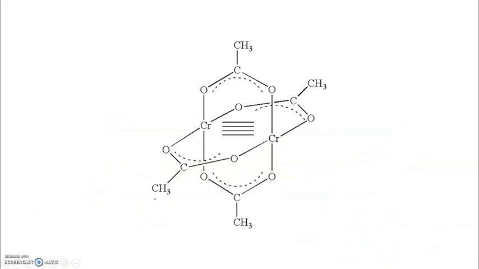Now, there is an exception to this, and that's the case of a chromium ethanoate complex, which actually usually forms within solution with some water aqua ligands on either side as well, so that each chromium has 6 bonds around it.